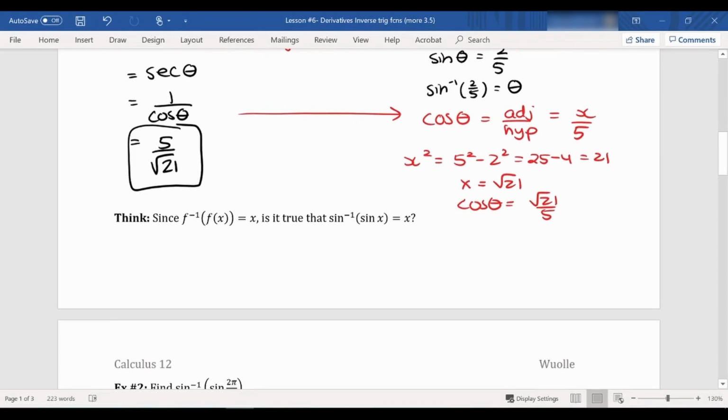Also, remember that if you have the inverse of a function that was equal to x, that's asking, is that true for sine? And the answer is no, because this is only a function for a certain domain. So it's only true if the domain is restricted.